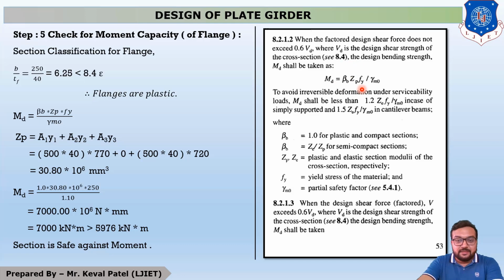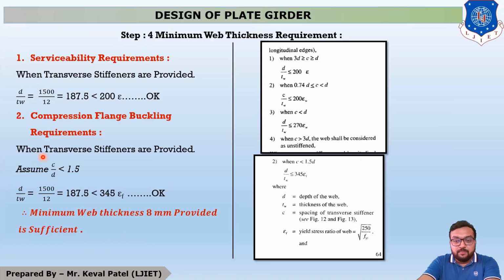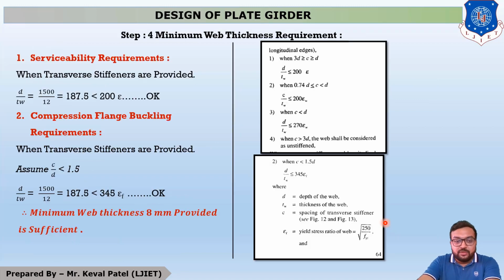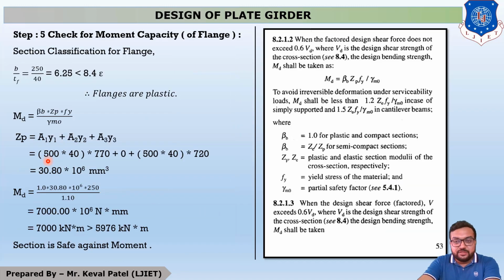Now as described, the value of Zp in our example number 1, let us check, Zp is A1Y1 plus A2Y2 plus A3Y3. This equation is derived in our chapter number 7, which is plastic design. Okay. Now we have three members, 1, 2 and 3. So A1 means area of first member, it is 500 cross 40 into Y1.